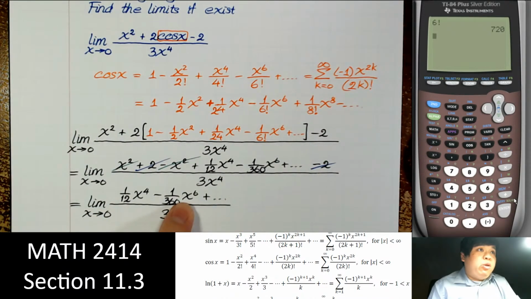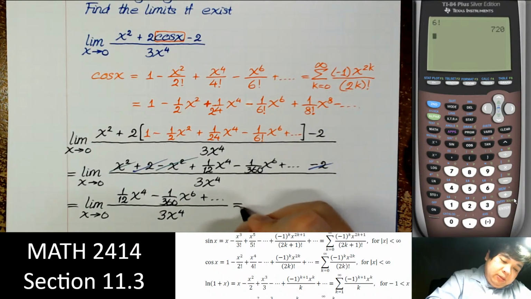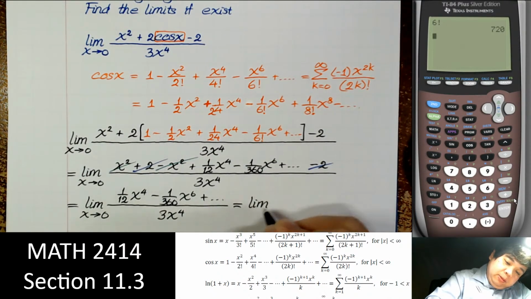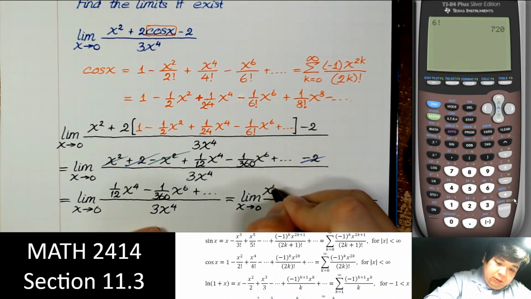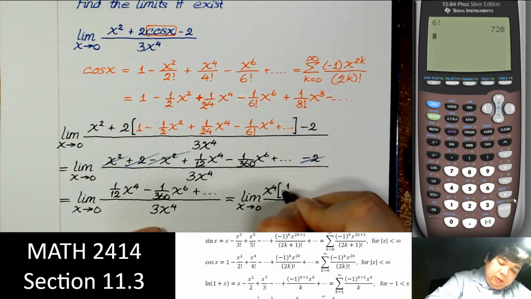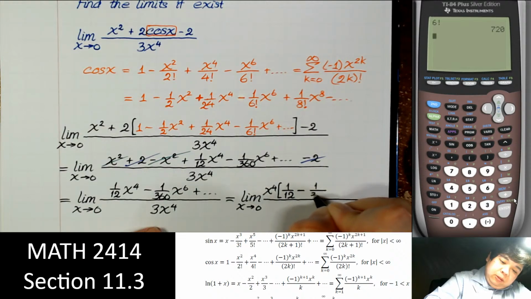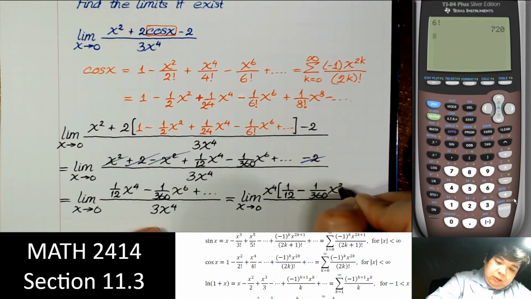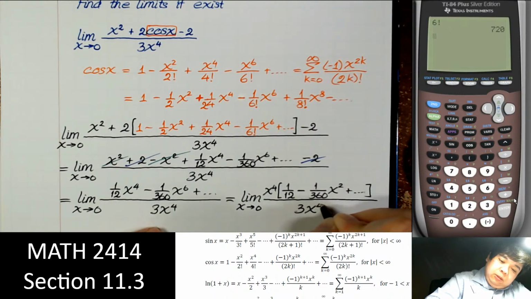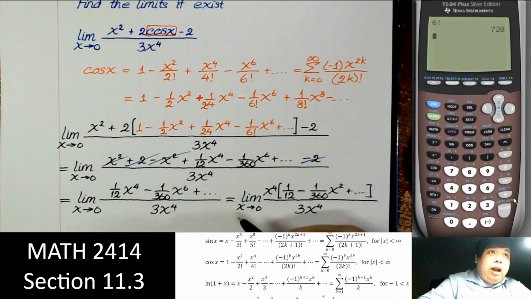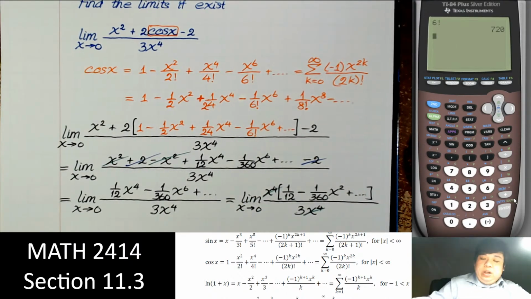Now both of them have x to the 4th. I will factor it out. And x to the 4th and x to the 4th cancel out, so we have that divided by 3.